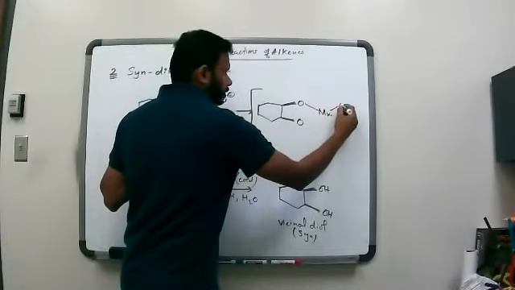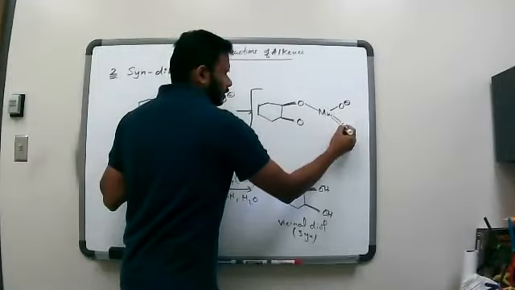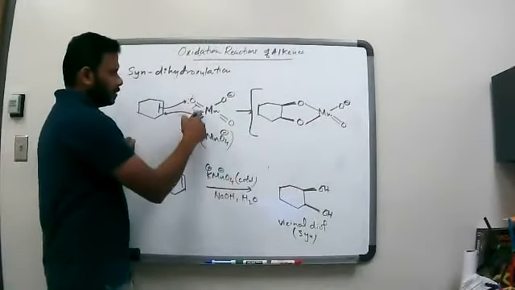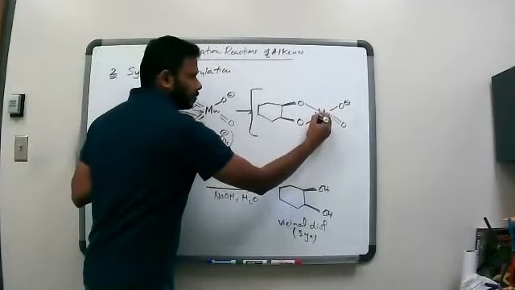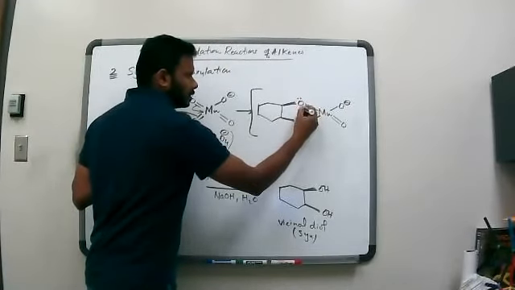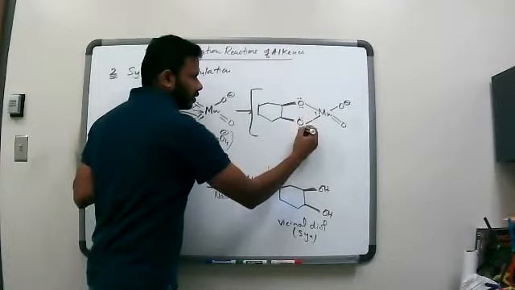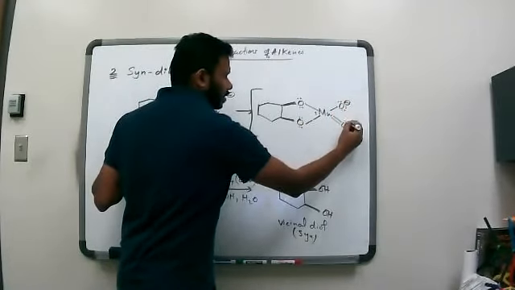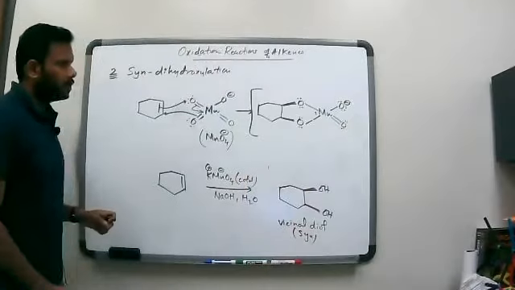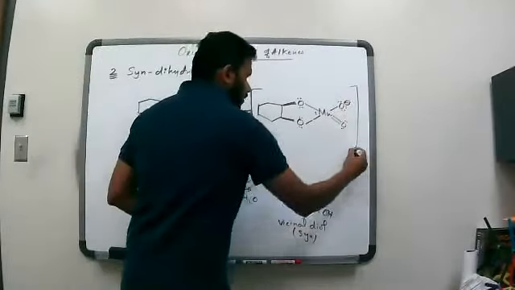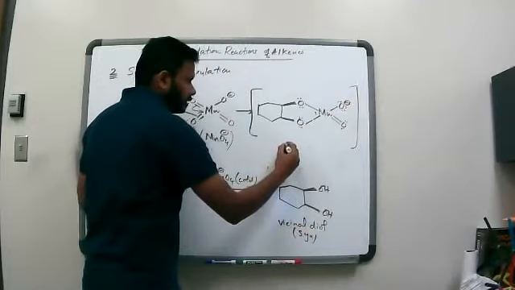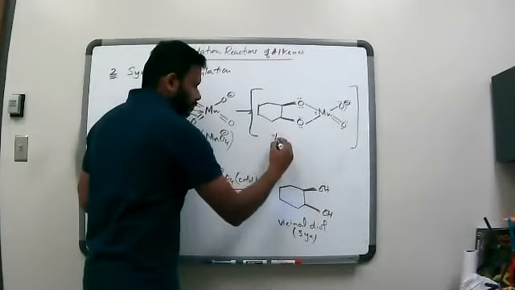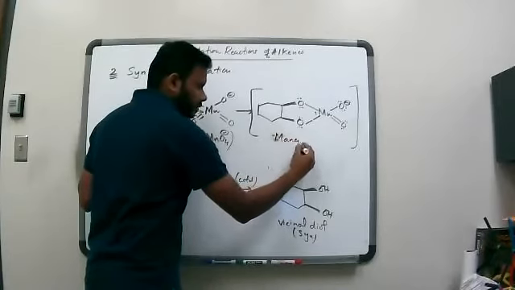We get manganese, O minus, double bond, oxygen over there, and there are 2 electrons on that manganese. These oxygens have all their lone pairs, all their electrons. So we get an intermediate like this. This intermediate is called a manganate ester.